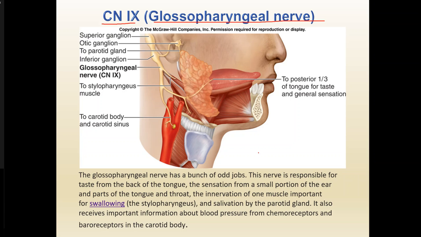It's responsible for taste from the back of the tongue, sensation from a small portion of the ear and parts of the tongue and throat, innervation of one important muscle that is involved in swallowing, and salivation by the parotid gland, and it receives important information about blood pressure from some receptors that are located in the carotid, which is one of the main arteries.